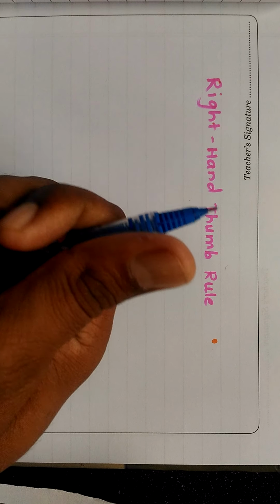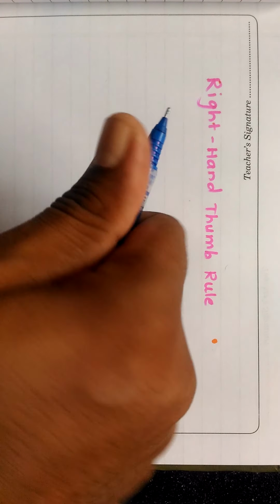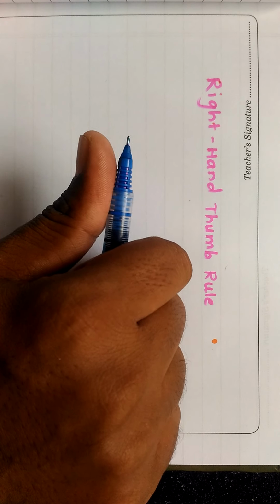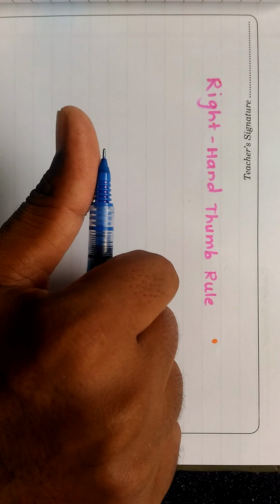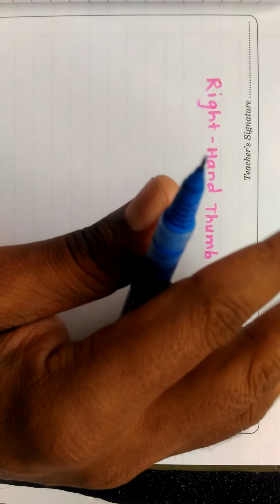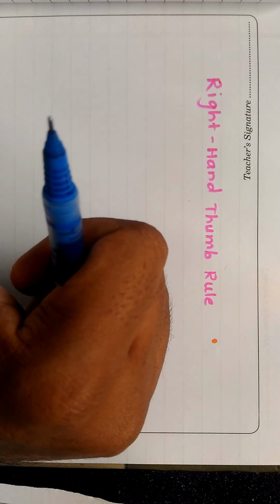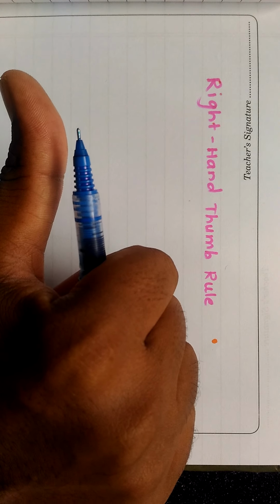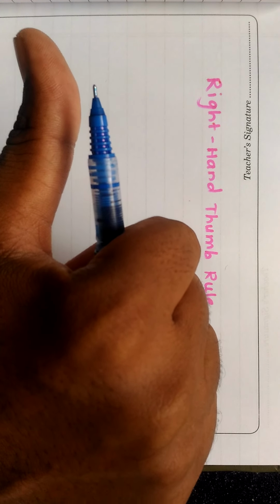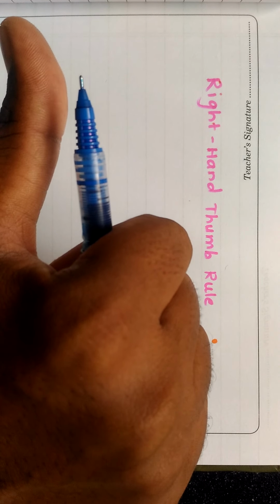The thumb is stretched in the direction of electric current. Then the curled fingers, the fingers which are curled around the conductor, give you the direction of magnetic field. It is so simple.